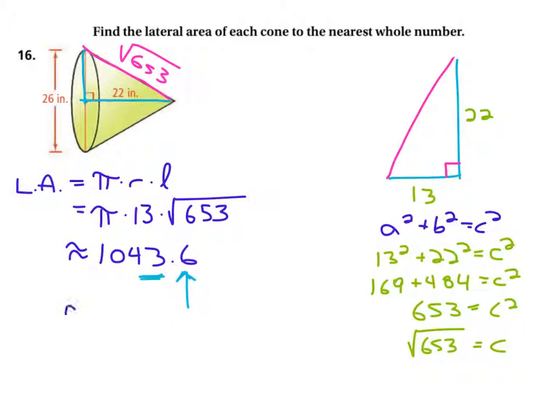So we're going to round this up to 1044. Now we'll put our units on it. The units were inches in length, so we have inches squared when we talk about the area.